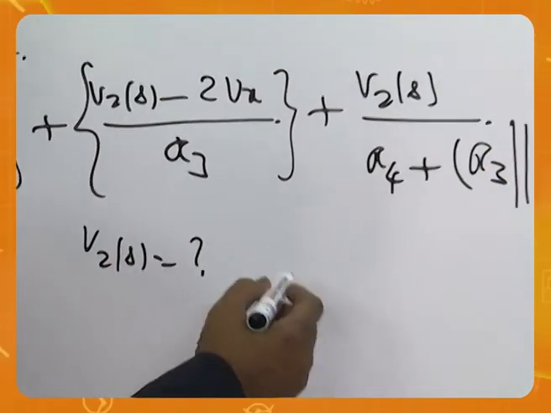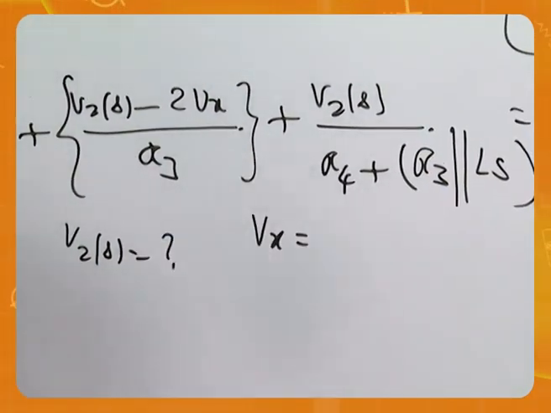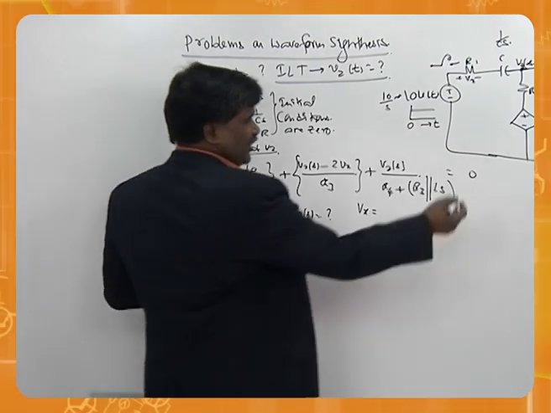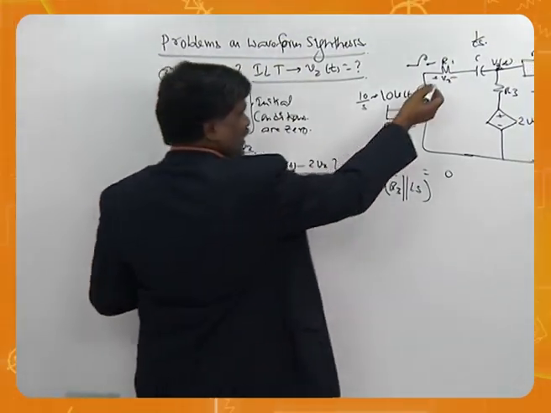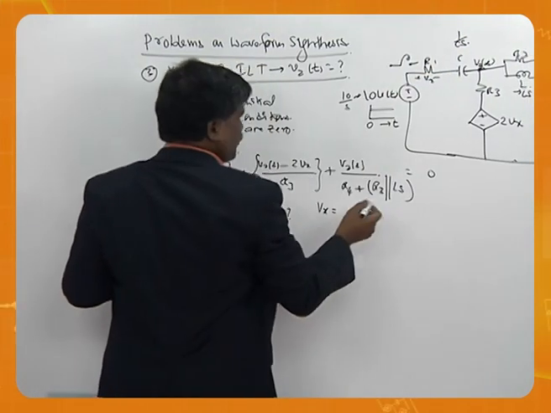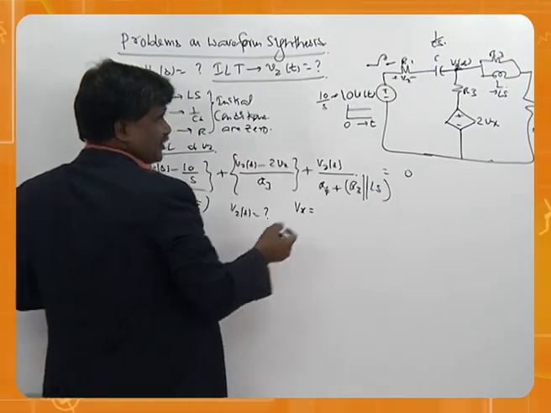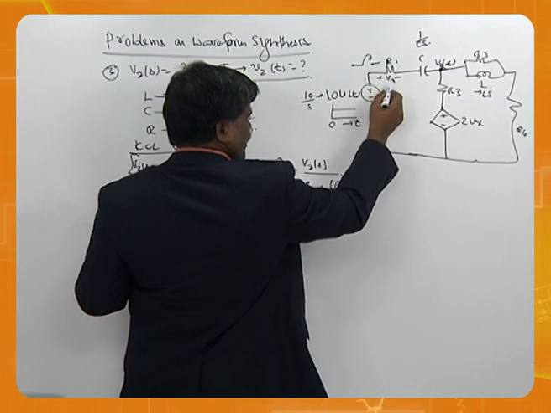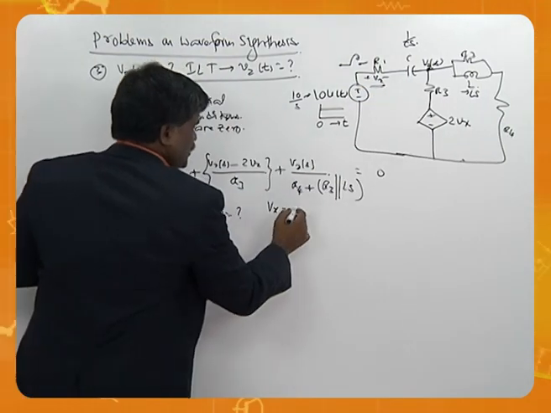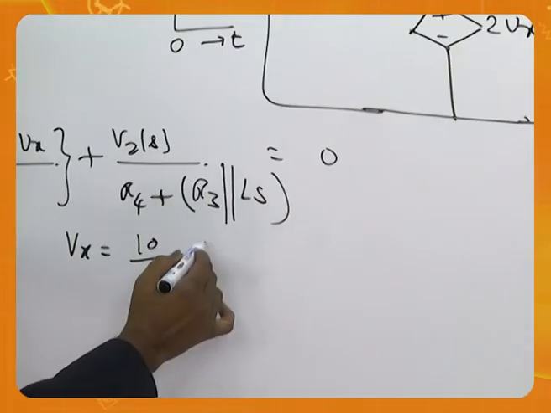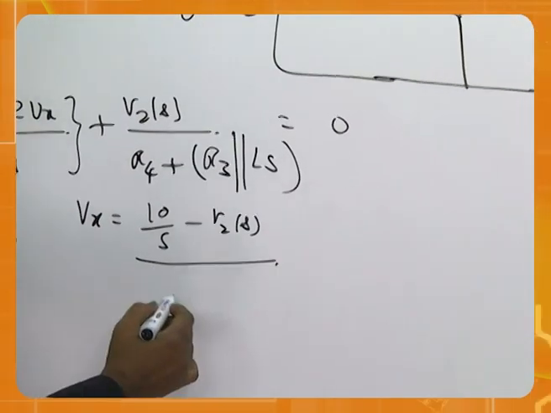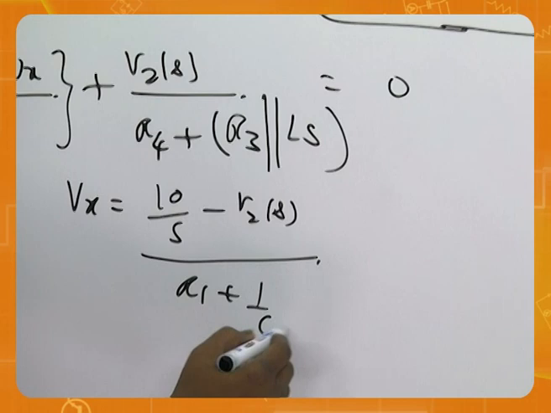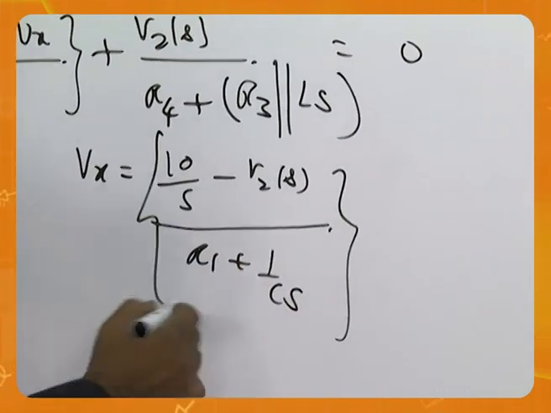But only one thing I should help you is, what is Vx? Vx is how much? Vx is the current through this multiplied by R1. What's the current there? If this is positive, current we assume here. So 10 by S minus V2 of S divided by R1 plus 1 by Cs is the current.